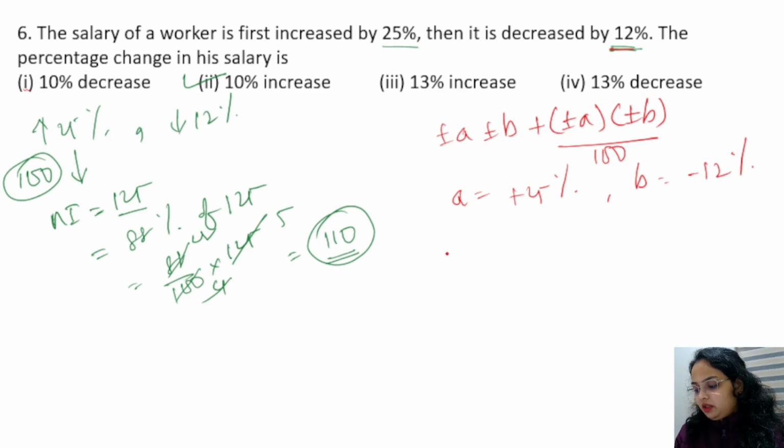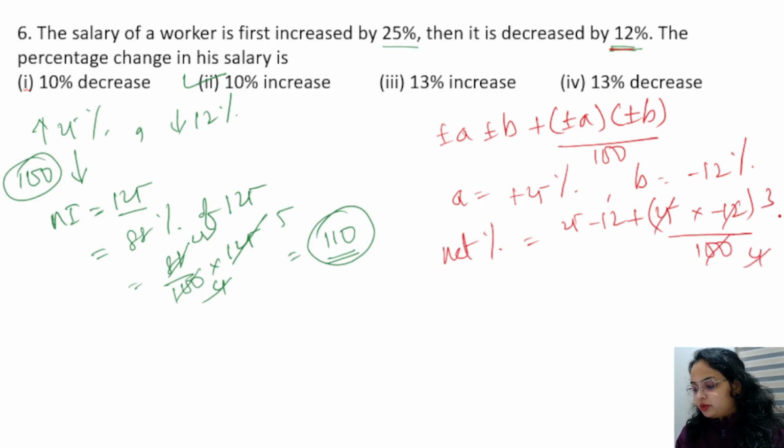So we will find the net percentage change. Net percentage is 25 minus 12 plus 25 into minus 12 divided by 100. It is 25 into 4, 4 into 3. 25 minus 12 is 13, minus 3, it is 10. Here we got plus 10, so it is a 10% increase.